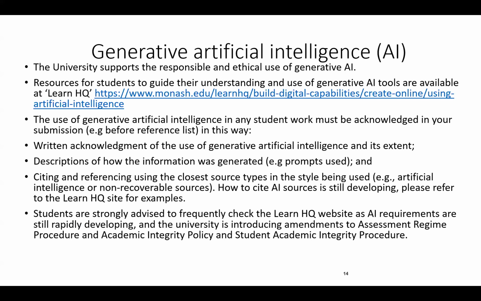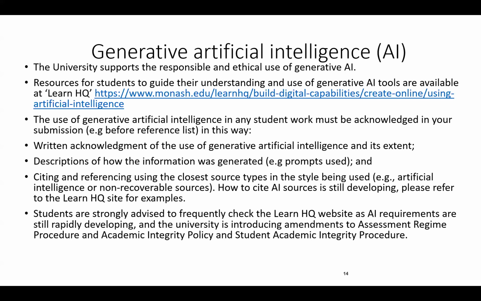And then just a little bit about artificial intelligence. The university is now buying into artificial intelligence. There are lots of resources under the support tab, Learn HQ, about how to use artificial intelligence responsibly.